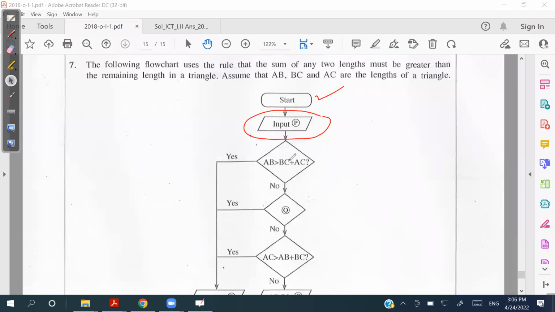They have said AB, BC, and AC are the lengths of this triangle. So for P, the input word is already there. So we can say very easily AB, BC, and AC lengths.